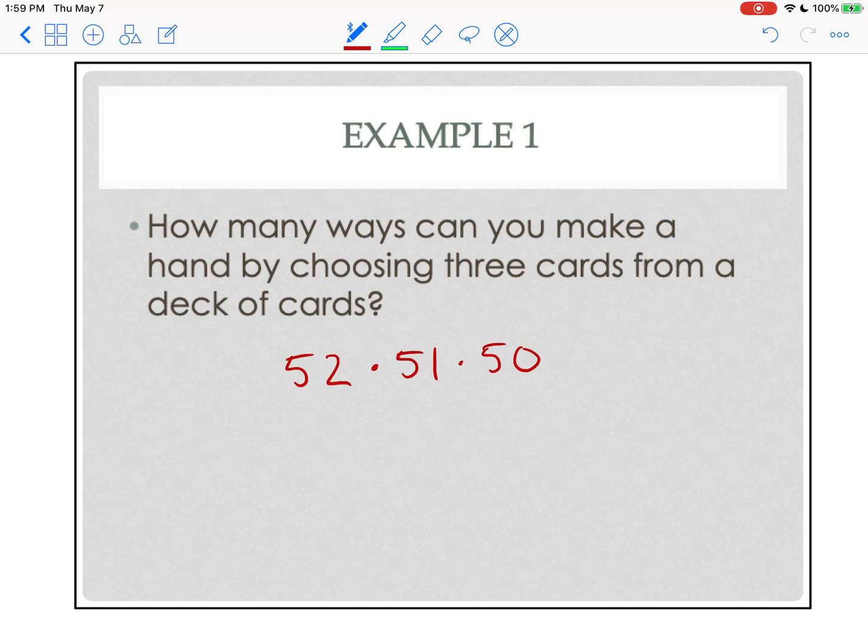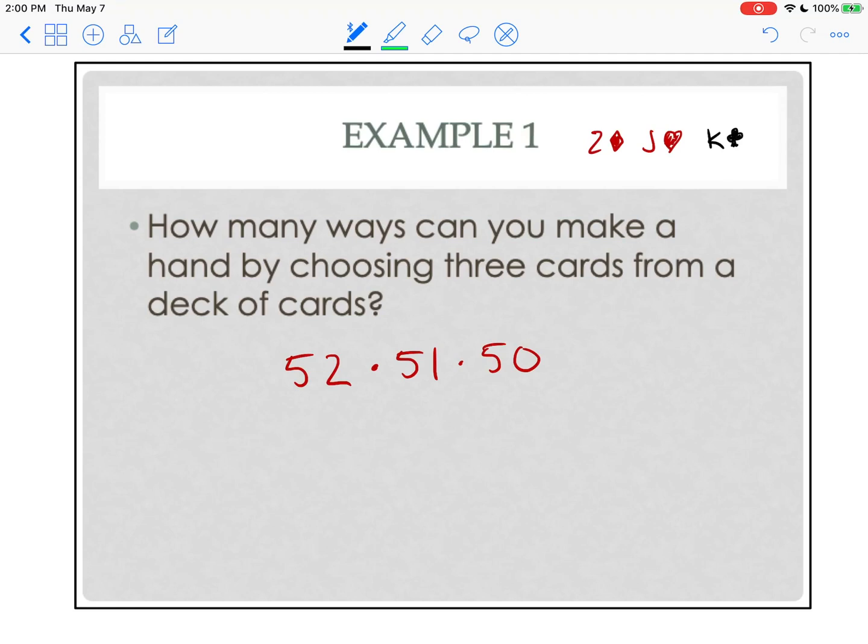However, when I look at the cards in my hand, I can move them around in any order, and it doesn't change my hand. So let's just say I had a 2 of diamonds, a jack of hearts, and a king of clubs, also known as puppy feet.